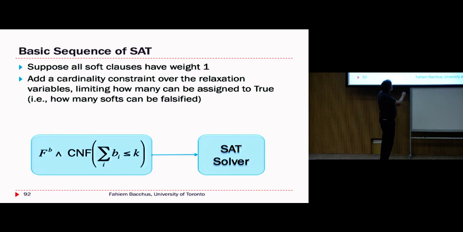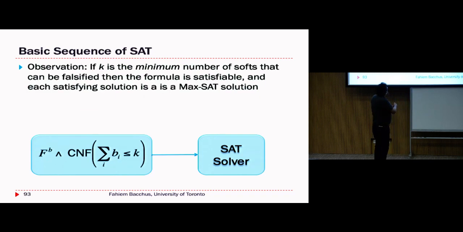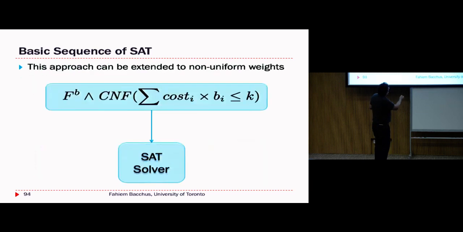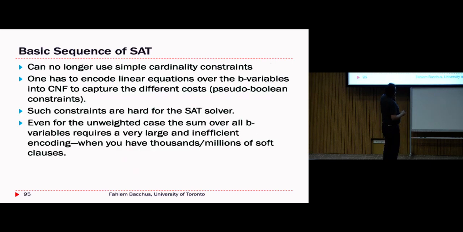I want the sum in the unweighted case. I want the sum of my b variables to be less than or equal to k. In other words, I want to falsify at most k soft clauses. And can I satisfy that? Or in the weighted case, I would have a pseudo-Boolean constraint, and I can convert that into CNF, and I can solve that. Okay, so that's how they work.